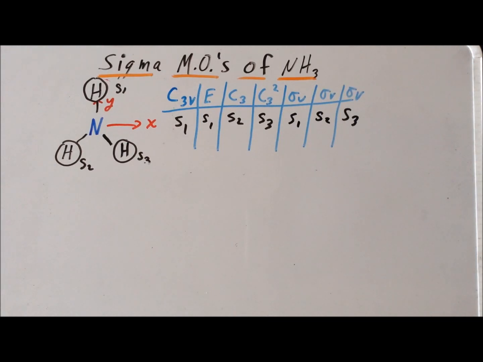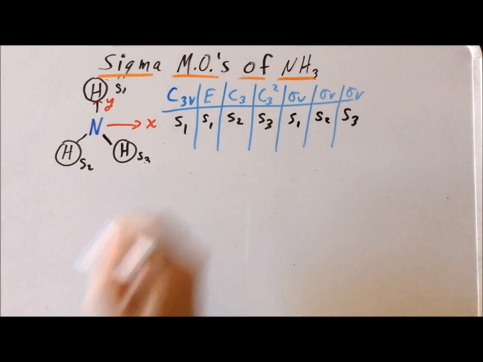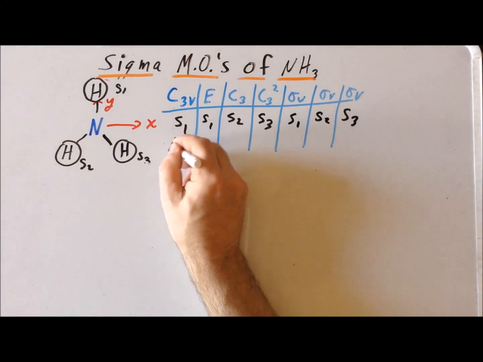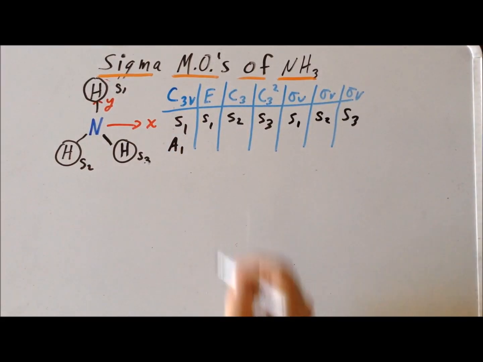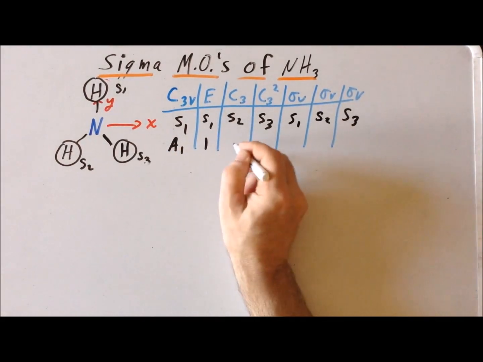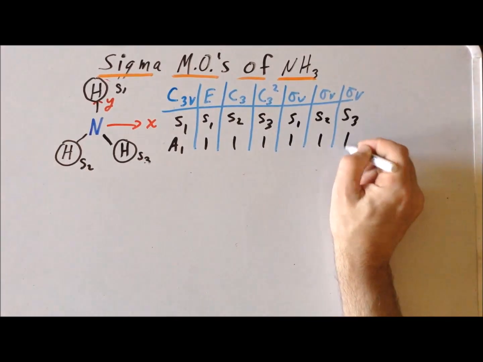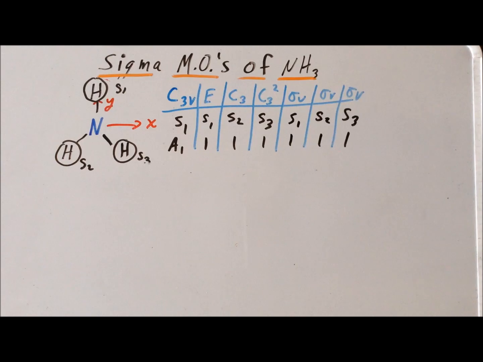Next, to see what these particular orbitals are going to look like, first we need to write down the characters from the irreducible representation A1, because we know we have an A1 molecular orbital. And we know that the characters for A1 are all positive ones because A1 is the totally symmetric representation.